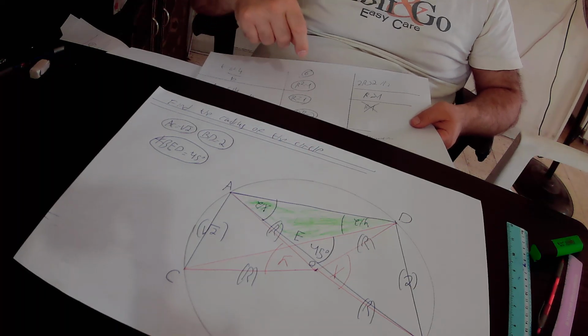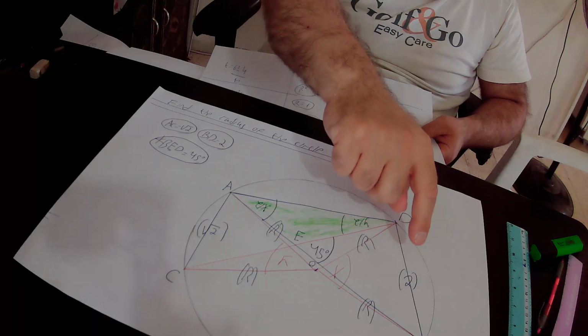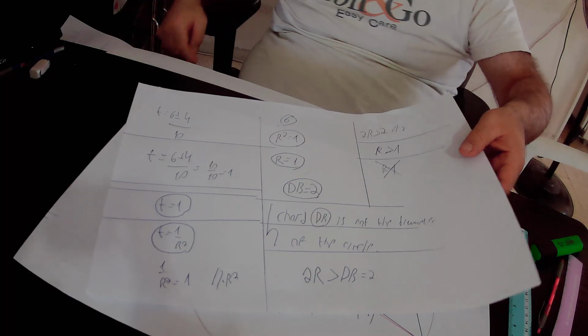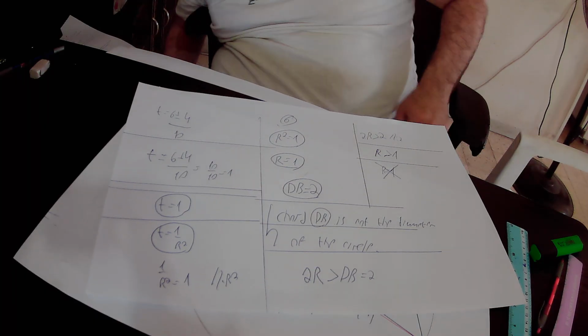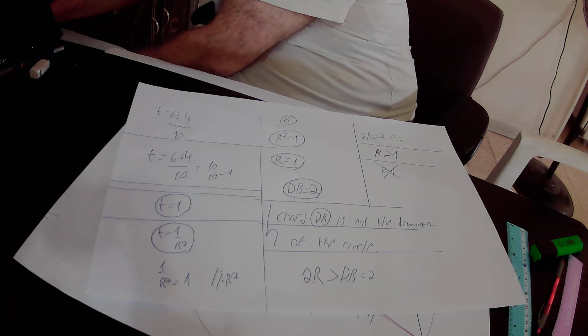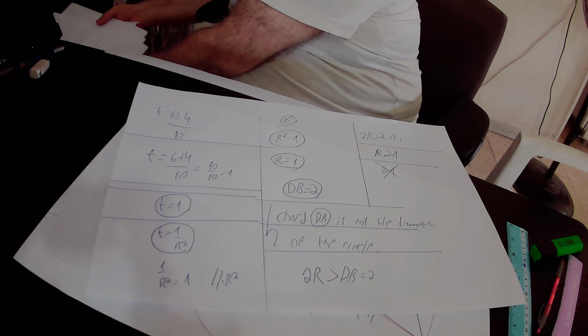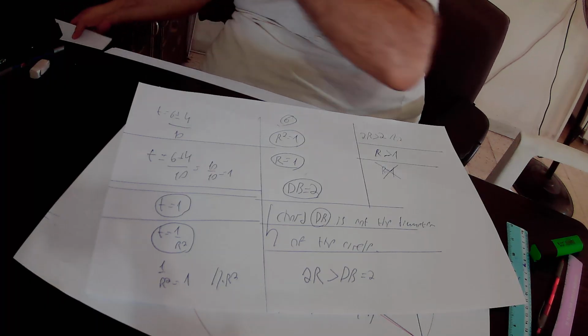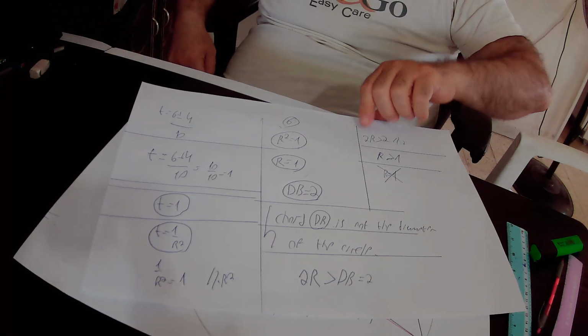Because we have chord db equals 2 units according to what is given in the question.